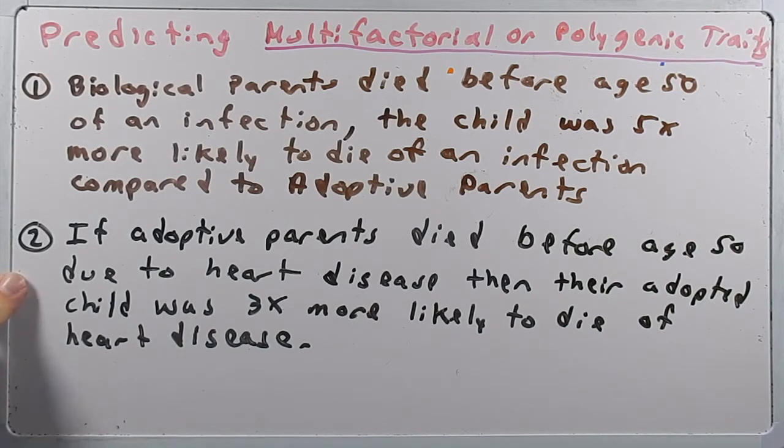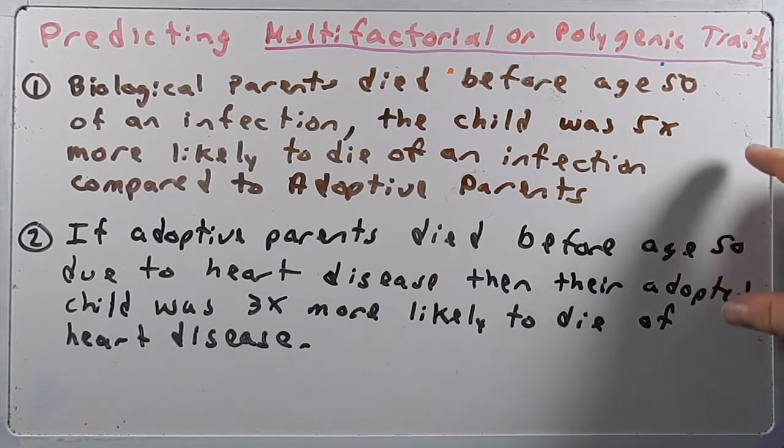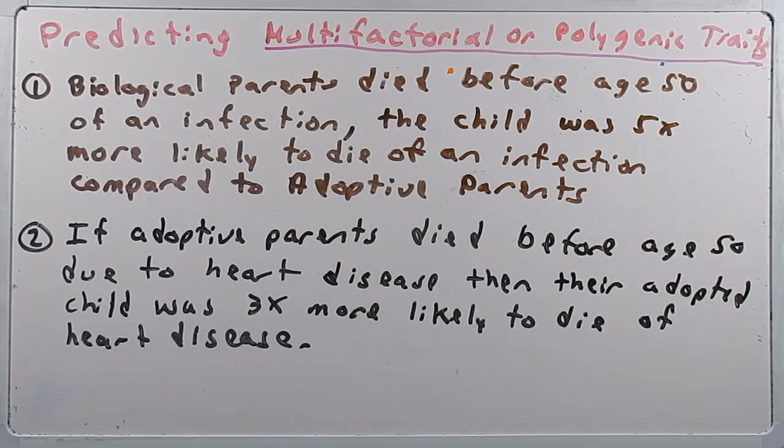And the second scenario is, if adoptive parents died before the age of 50 due to heart disease, then their adopted child was 3 times more likely to die of heart disease. Which one of these two scenarios has a stronger genetic link, stronger heredity link, that is, and which of these two has a stronger environmental link? Go ahead and hit pause and think about that, and then hit play again to see what the answer is.